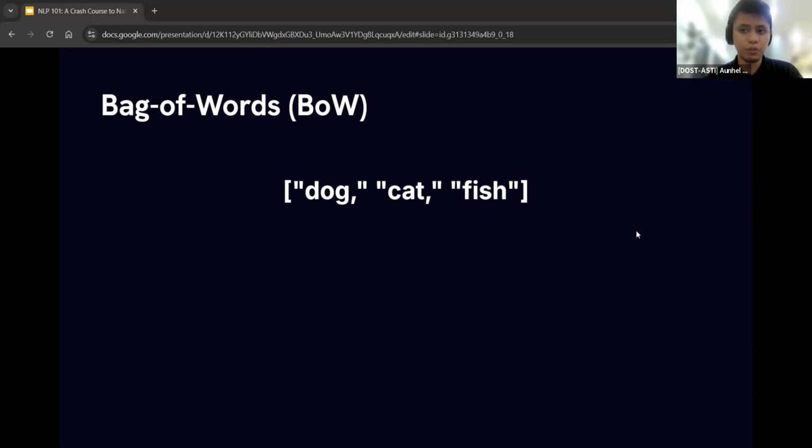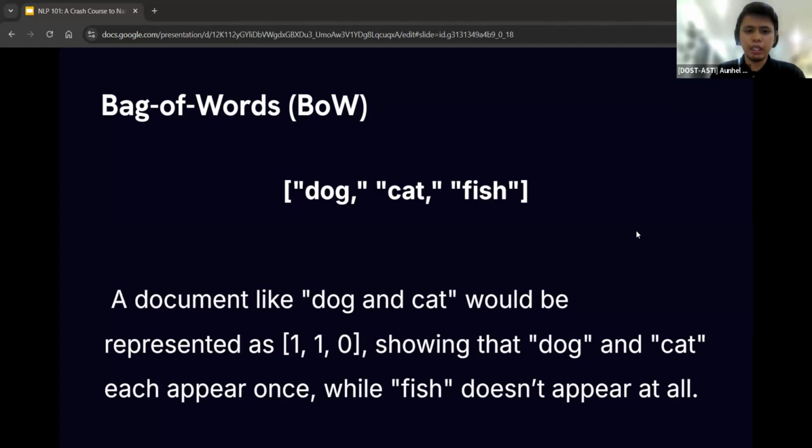Those are the unique words only. A document like "dog and cat" would be represented as 1, 1, 0, because dog and cat each appear once, while fish does not appear at all. It doesn't matter where a word occurs in the text. As long as it occurs, we count it. So we disregard all the structure of the sentences. As long as it appears, you add one count.